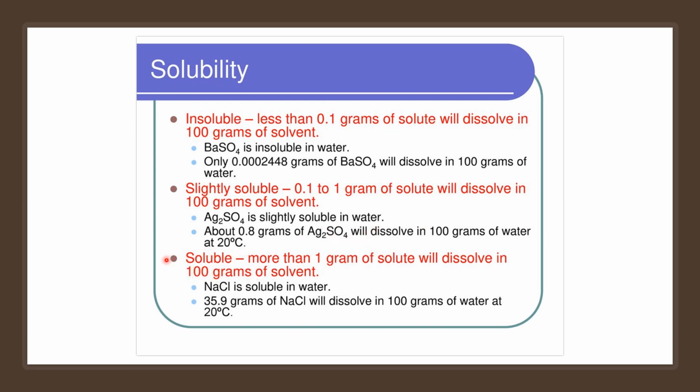A soluble compound means that more than 1 gram of solute will dissolve in 100 grams of solvent. An example of this is salt. Salt will dissolve in water, so it is considered to be soluble. So 35.9 grams of NaCl will dissolve in 100 grams of water at 20 degrees Celsius.